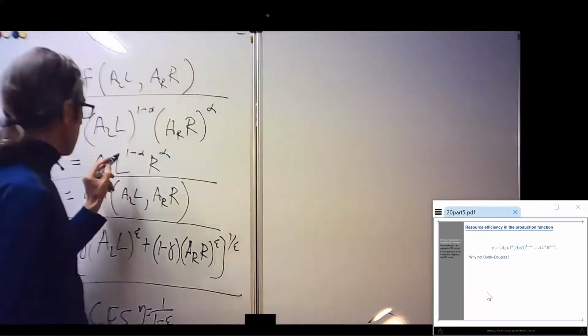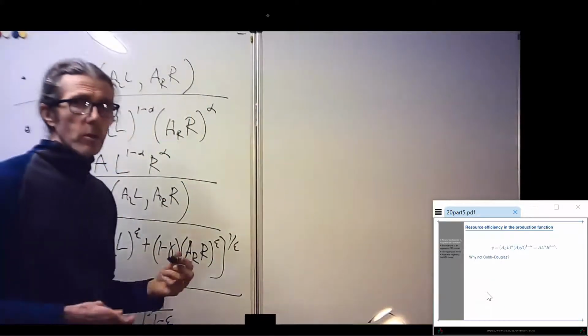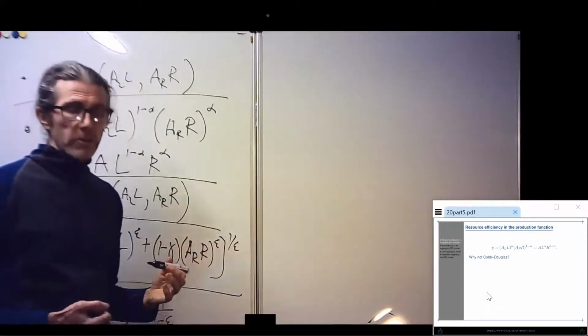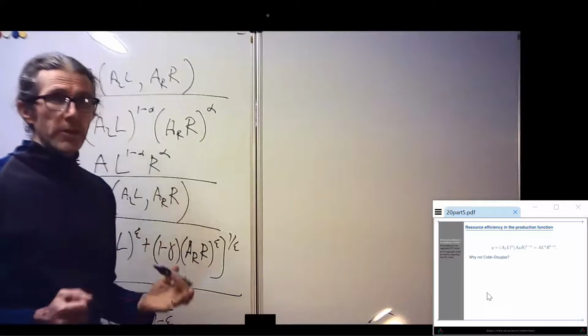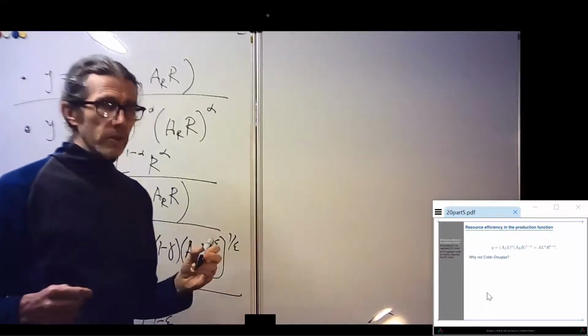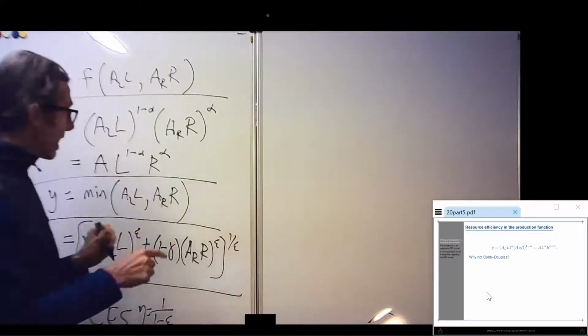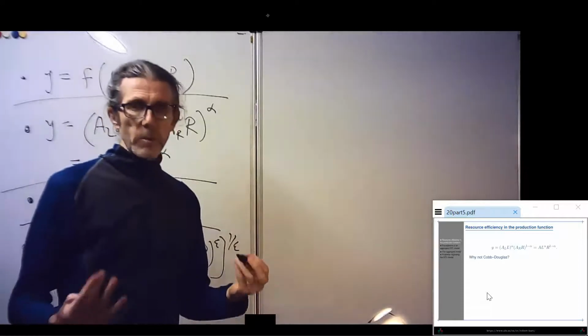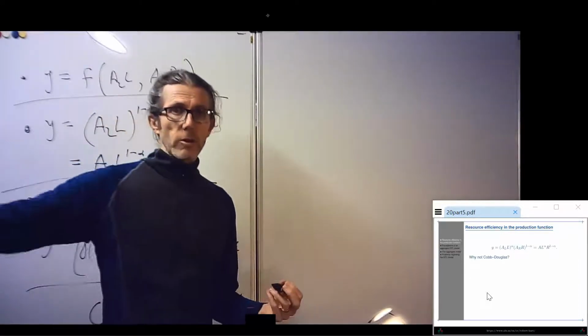And remember, when we think of labor and capital, we see that the factor shares of labor and capital tend to be more or less constant over time. The same is true of labor, capital together, which is what this is, and natural resources. They tend to be rather constant over the long run.